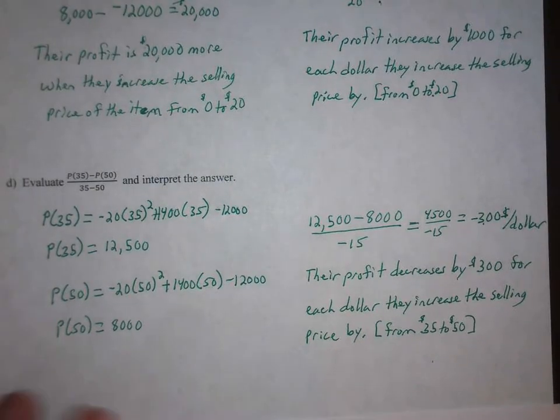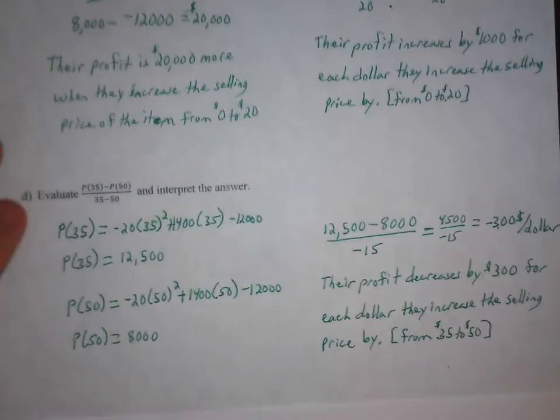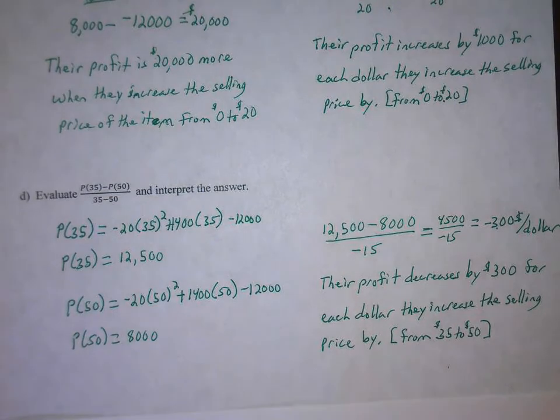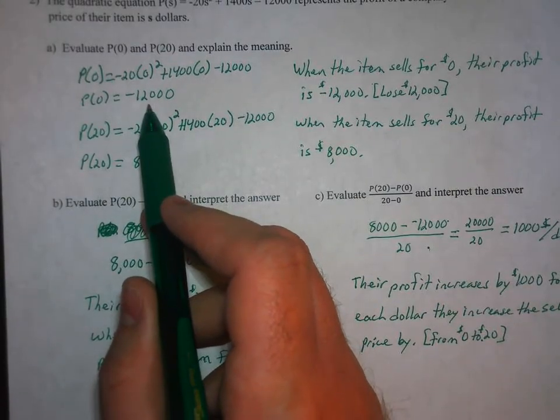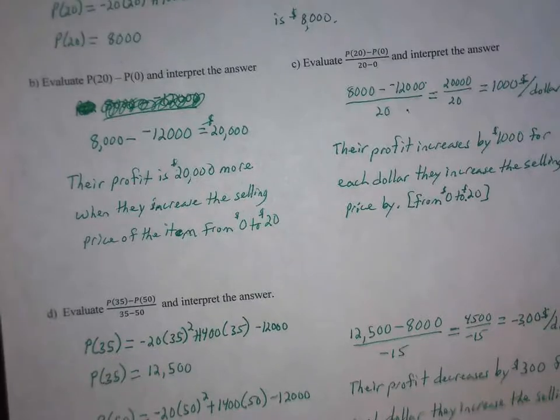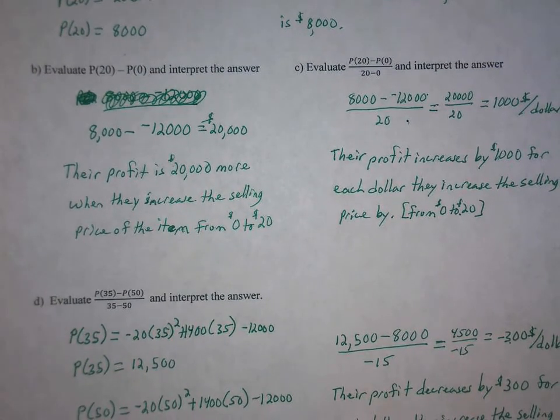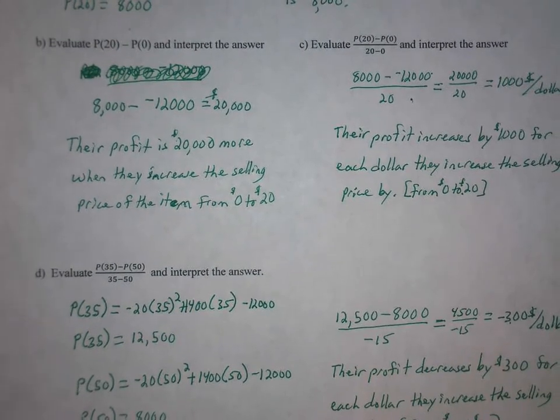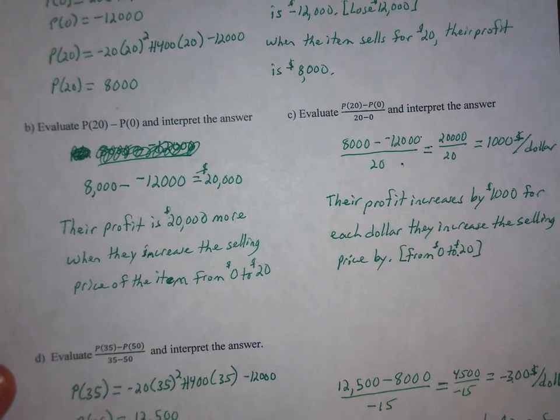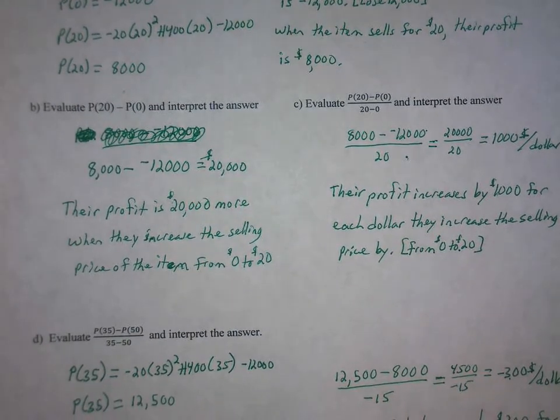And without getting into too much detail, the idea there is if S is the amount of dollars that they're selling the item for, when you sell it for $0, you're not bringing in any money. So they're losing $12,000. But as you start increasing the selling price, what's going to happen is you're going to start taking in money. Well, eventually, you're going to get to a point where that selling price, once it gets too high, you're going to decrease the demand for that item.